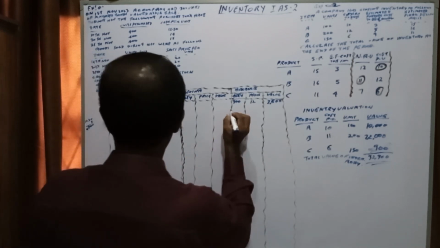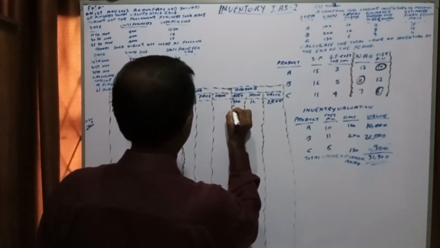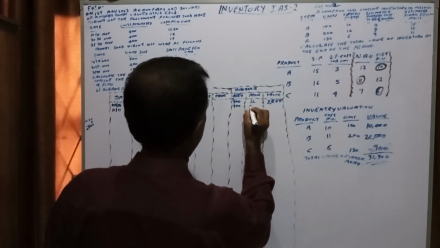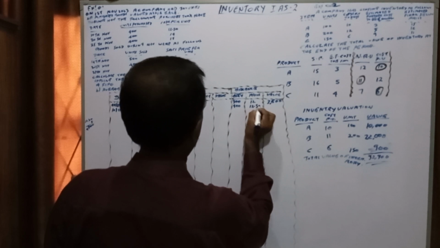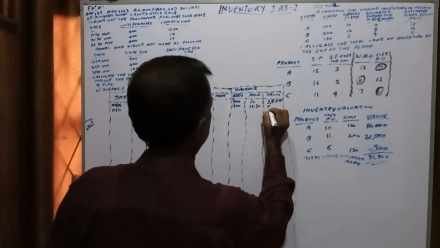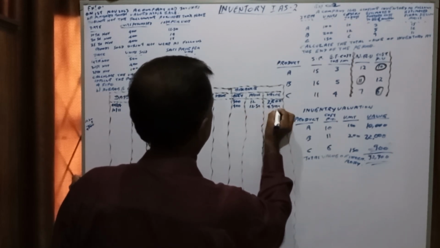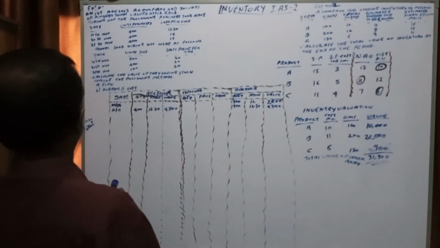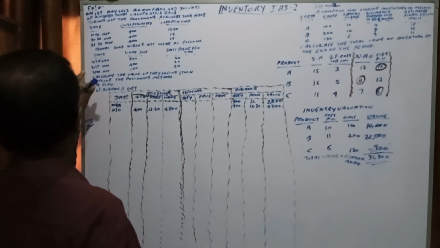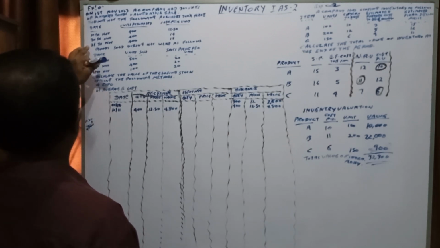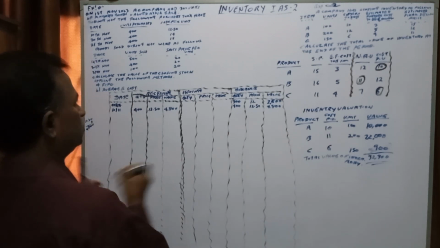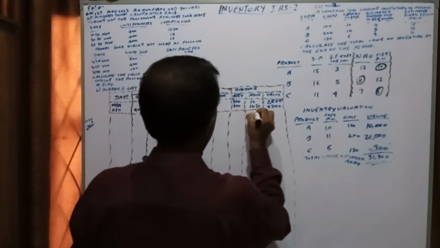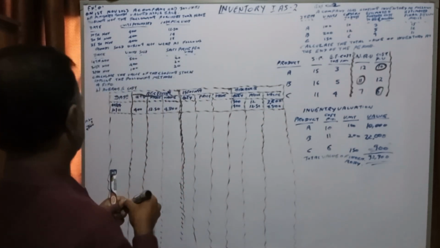Next you have to extend this to the balance column: 400 at the rate of 12.50, that is 4800. So the 10th is finished. Can we close this one? We have to close it this way, then there won't be any confusion.